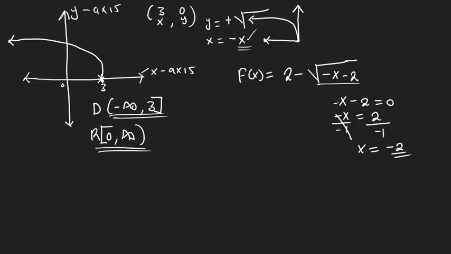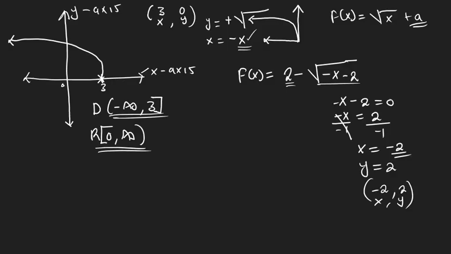What is our y value? In this case, from the equation, f of x is equal to root of x plus a, our y value is simply 2. So our y value is going to be 2. And this is just x comma y. So this is going to be negative 2, and this is going to be 2.